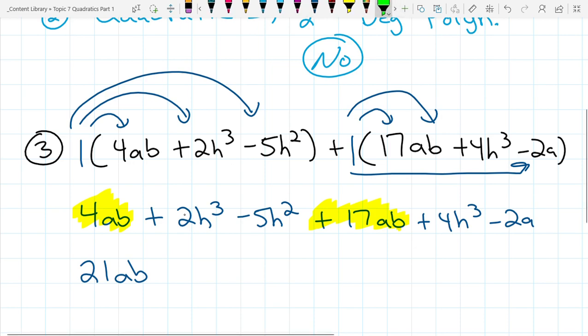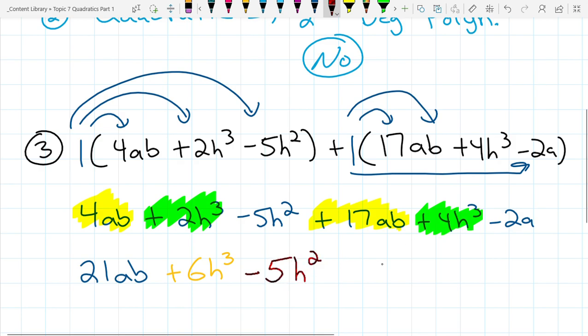We got some h cubes, which we also have over here. So we have a positive 2h cubed and a positive 4h cubed. If we put them together, we have 6h cubes. Then we have some h squareds, but there's no other h squared, so we just bring it on down. And then we have a 2a, which there's nothing to put together, so we bring that down here.